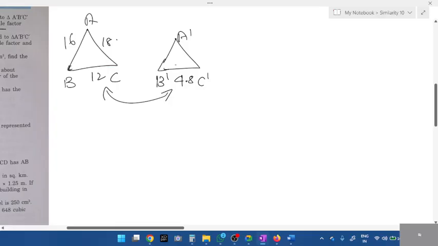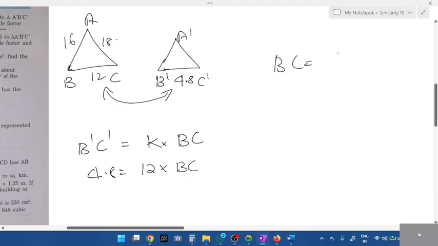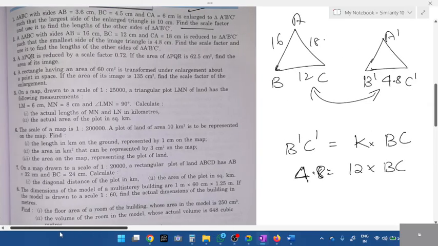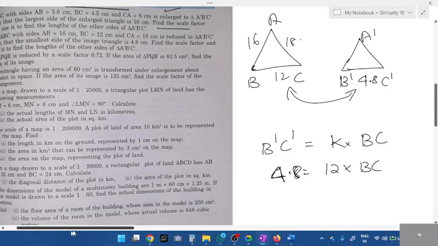So the transformed image is B dash C dash, students. Here the transformed image is different now. Take B dash C dash is equal to K into BC, the original image. Reduced.